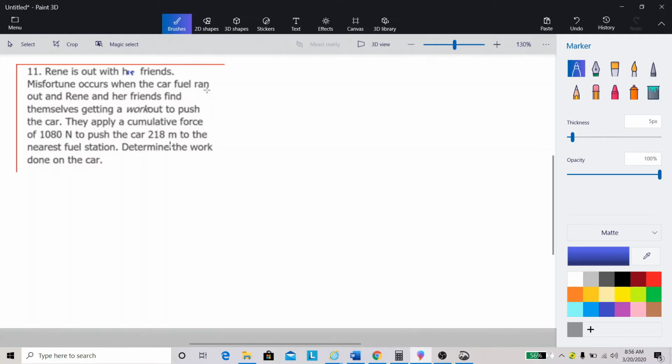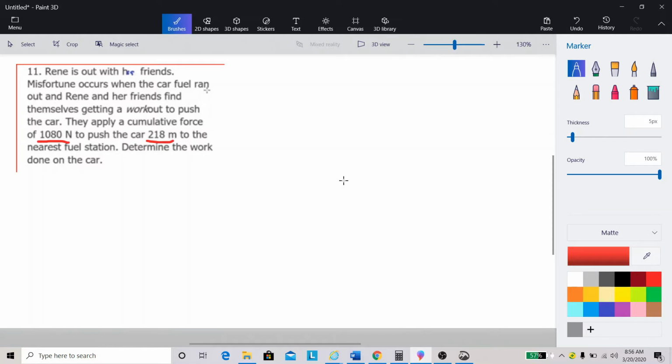Ngayon, hindi ko na babasahin thoroughly yung problems, kayo na po ang bahalang magbasa niyan, and that will be your responsibility. Ang gagawin ko na lang iga-guide kayo at bibigay ko na lang yung mga important facts na given ng problem na ito. I-highlight na lang natin itong force which is 1080 Newton. Tapos yung displacement niya is 218.